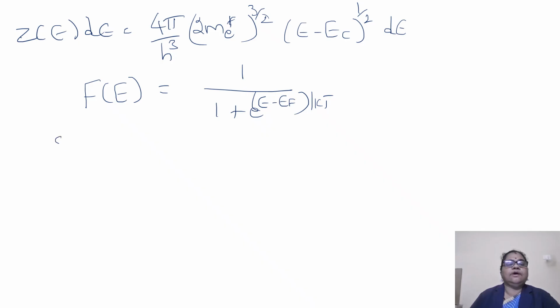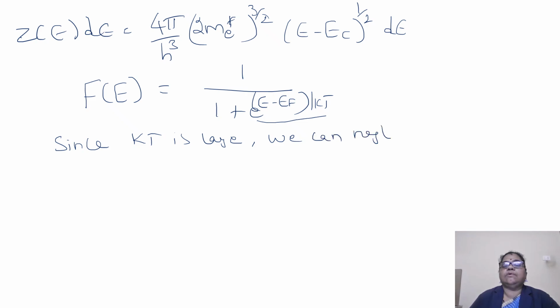Since the exponential term e to the power (E minus EF) by kT is large compared to 1, we can neglect the 1 in the denominator.